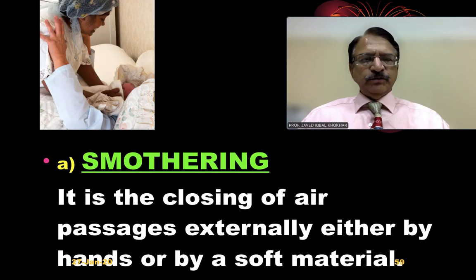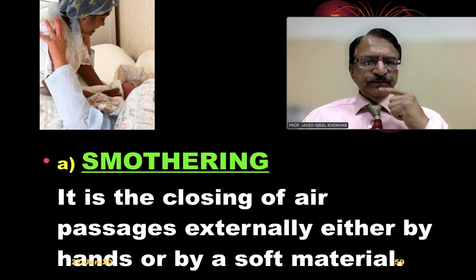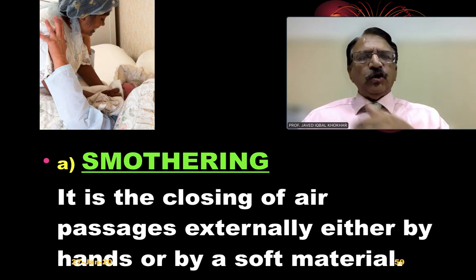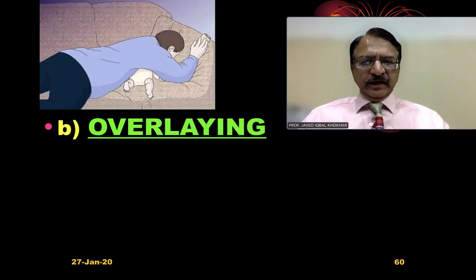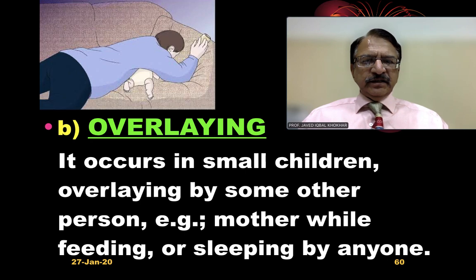Now, smothering. This is the closing of the air passages, that is the nose and the mouth, either by hands or by any other soft material. And overlaying occurs in small children.